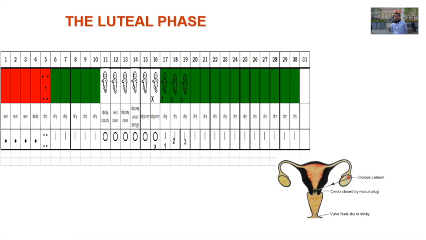Why? Because the cervix is still open. The cervix begins to close on the 4th day of the luteal phase, or the 4th day past the peak day. This is the luteal phase.